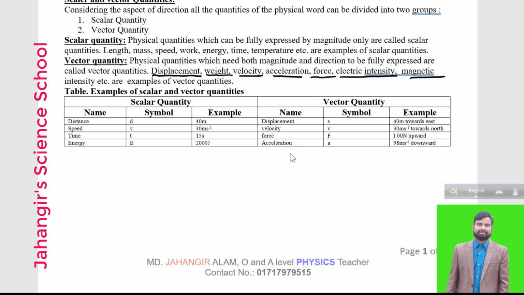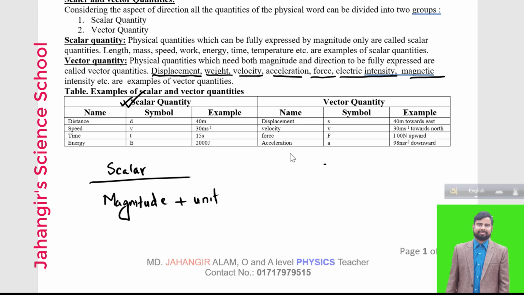Here are some examples of scalar quantity. Say distance, we write only 40 meter; speed, 30 meter per second. So to express a scalar quantity, we need magnitude plus unit only.